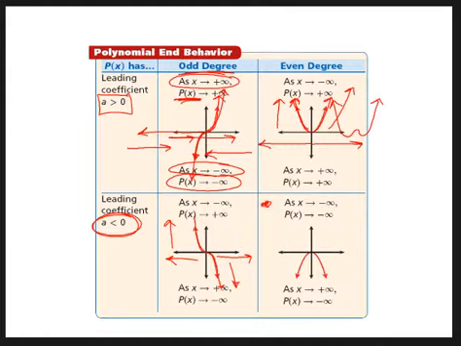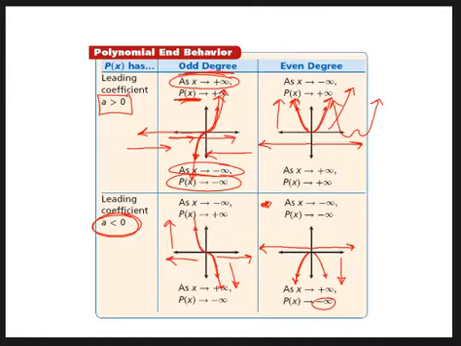Now as I approach positive infinity, my graph is going down, so the function is approaching negative infinity, or the y values are approaching negative infinity. As my x values go this way, my graph is still going down, so that means it is also approaching negative infinity.